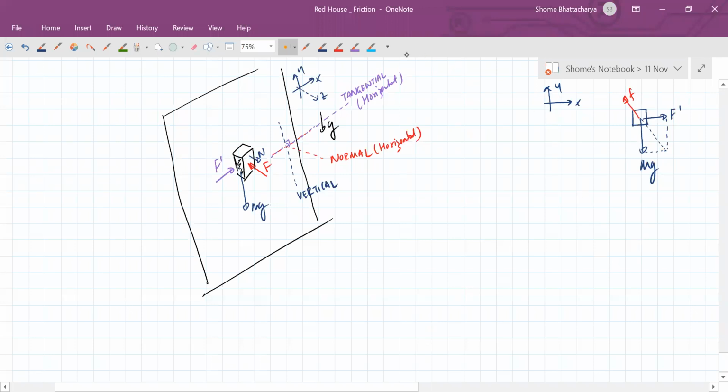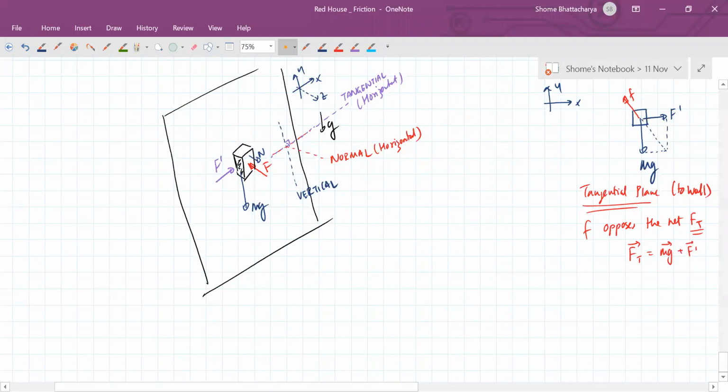Because the xy plane is the tangential plane to the wall. So in this, the friction opposes the net tangential external force. The net tangential external force here is the vector sum of this mg and this F prime.